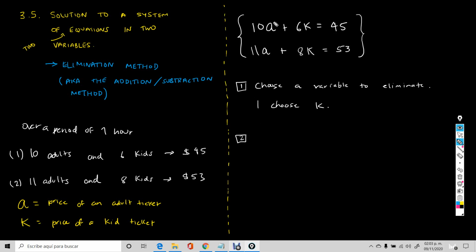You're going to multiply the first equation, this one, by the coefficient of the variable in the second equation. Remember, these are your coefficients, 6 and 8, the coefficients of your variable that you chose. The first equation, you're going to multiply it by the coefficient of the k in the other equation. What does that look like?